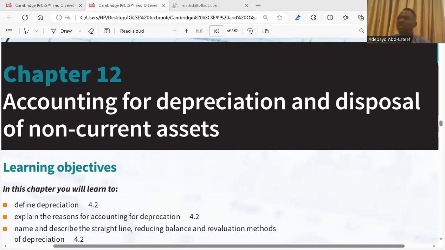So this is where depreciation comes in. So what is depreciation? Depreciation is an estimated loss of value that non-current assets would have over their economic life. For example, the building. Land does not depreciate. Land appreciates. But other non-current assets will depreciate, like machinery, fixtures, equipment, plants. They all depreciate.